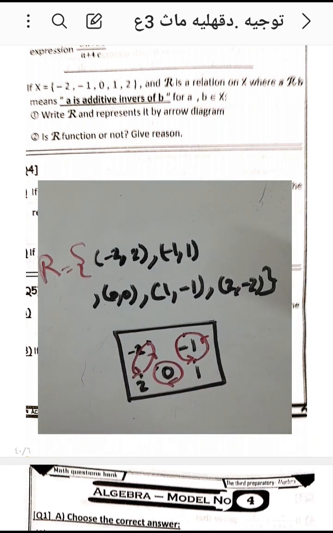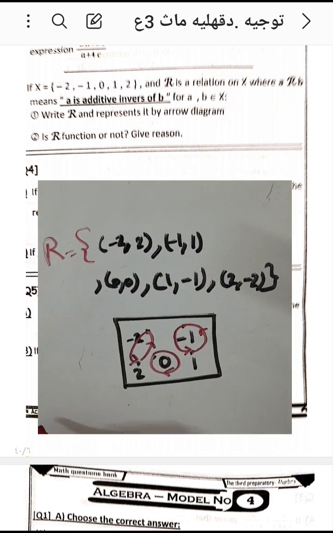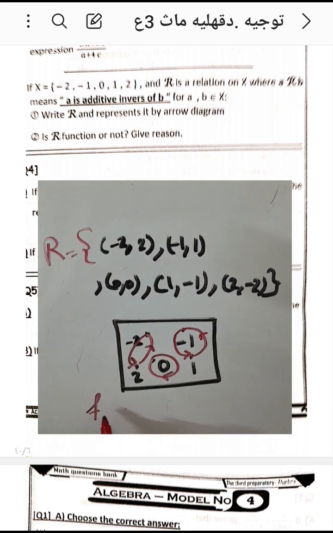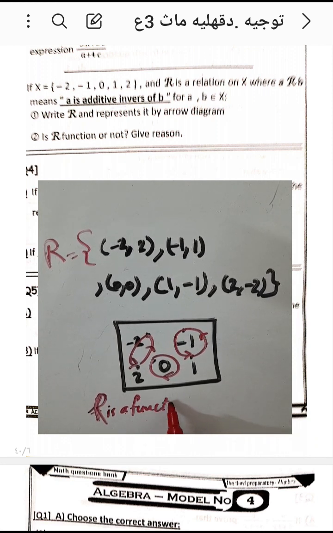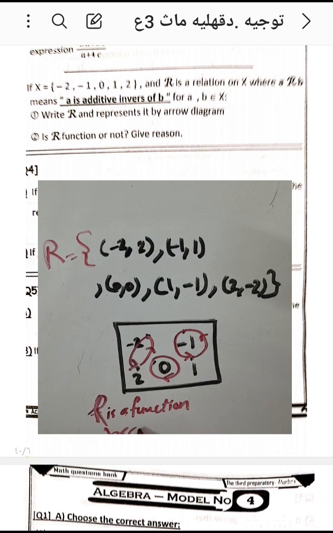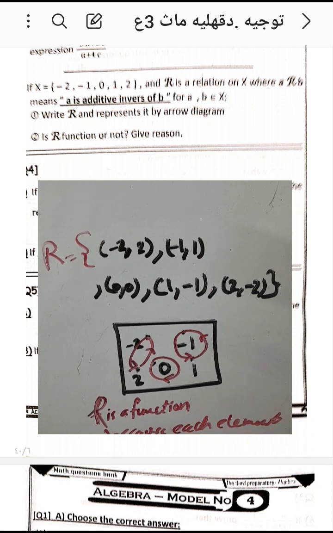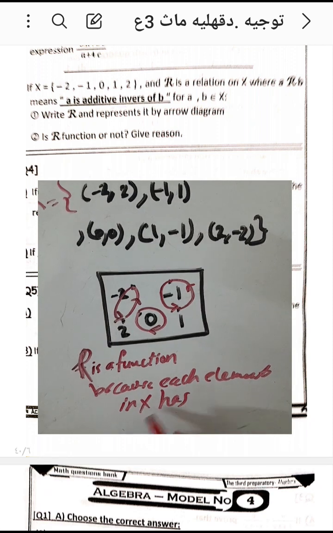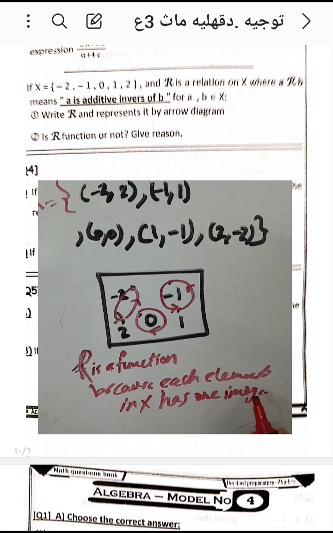Okay, we call it a function. R here is a function because each element in X has one image. Each element in X has one image. Okay.